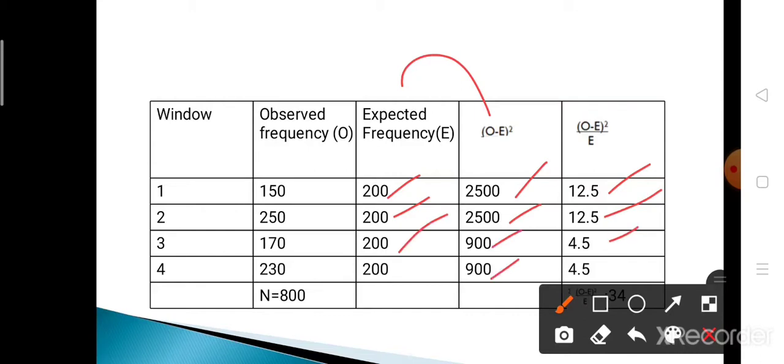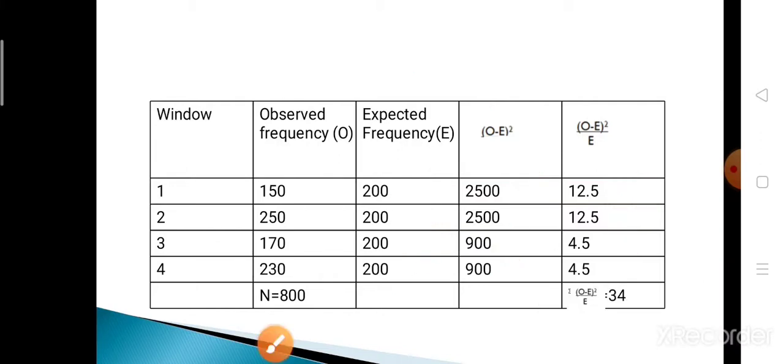And similarly 900 divided by 200 is 4.5. Take the total of the last column. The total is 34, that is 12.5 plus 12.5 plus 4.5 plus 4.5, which is 34. So summation (O minus E) square divided by E is 34. This is the value of the test statistic for the chi-square test of goodness of fit.